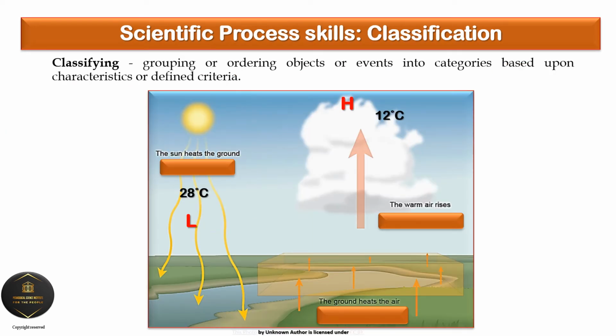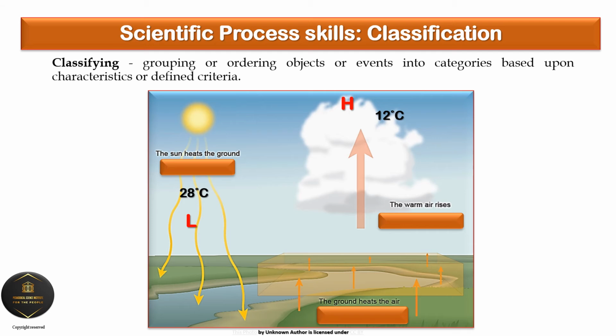And then the next skill is classification. Very important. Now you've inferred, you've made some assumptions. Now you need to classify and order objects and check how good those conclusions you've made are, and where you can add to or improve them, based on how you choose to group or order the objects.